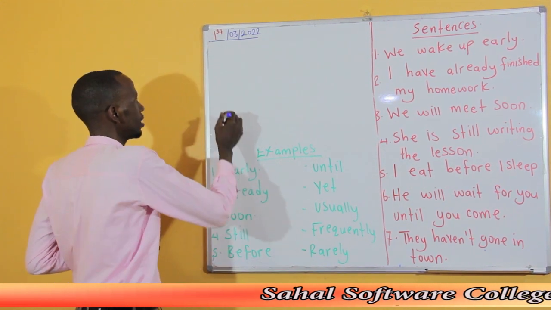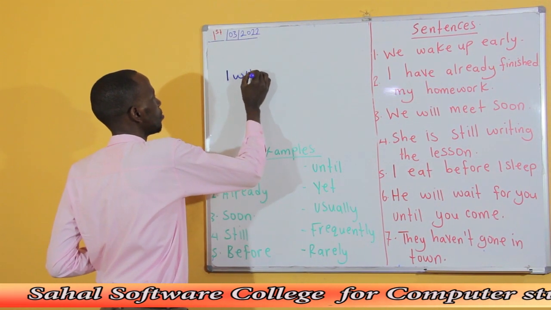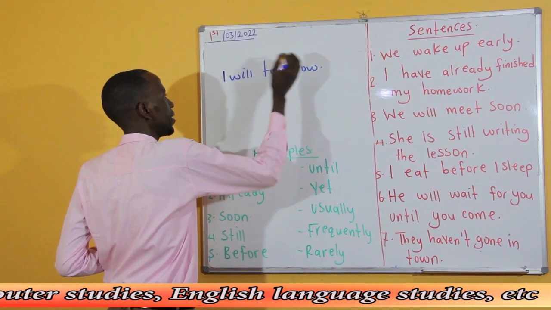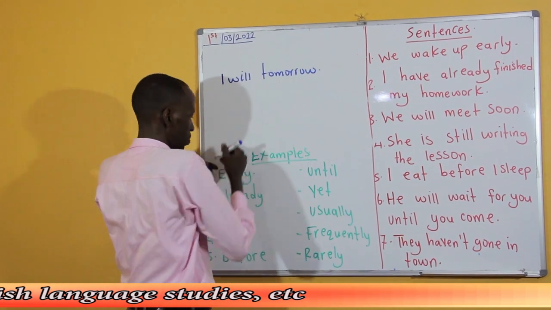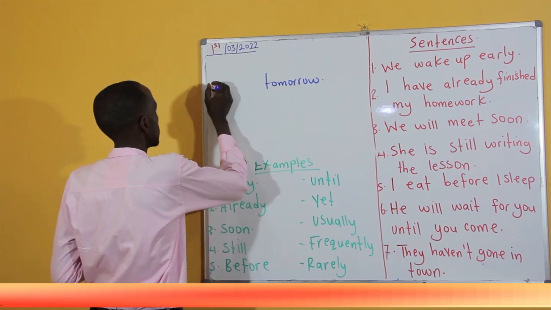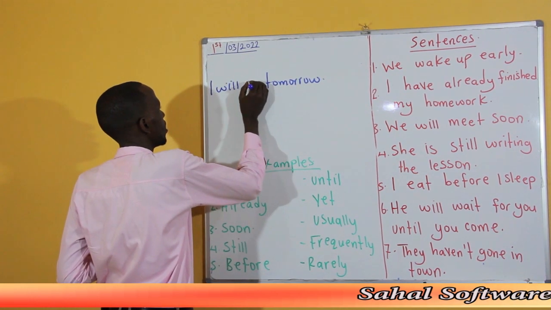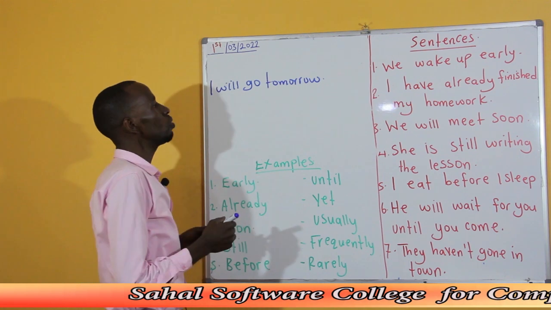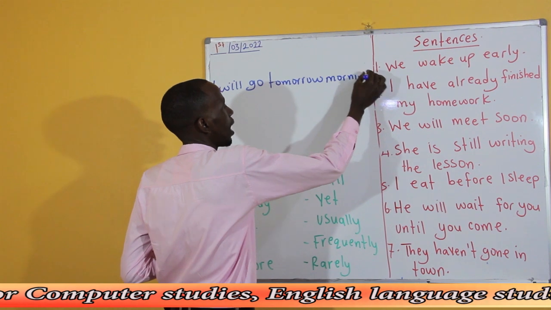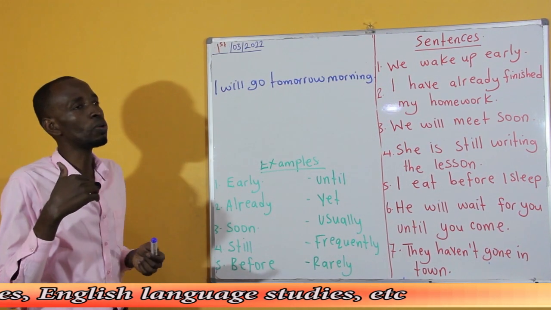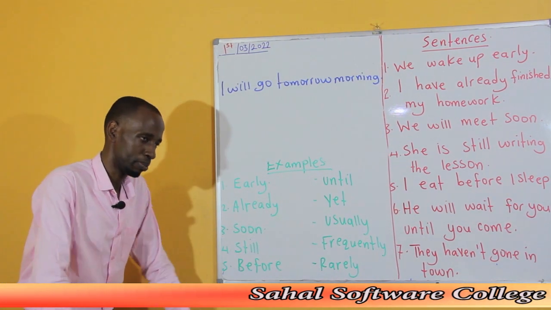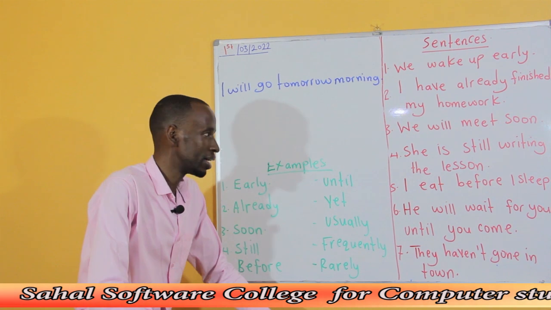For example, if I say, I will go tomorrow morning, and then tomorrow morning I call you and say, hello, have you gone? I can say no, I am still at home. I am still in Uganda.